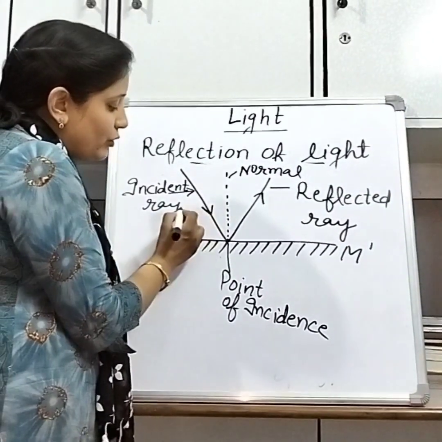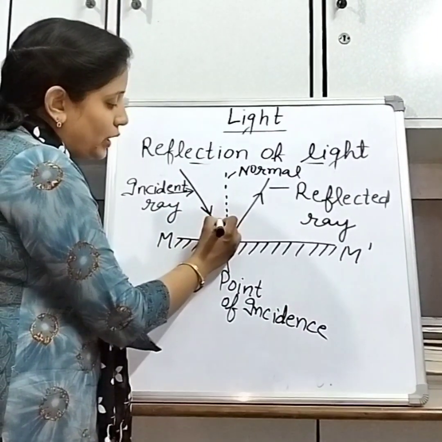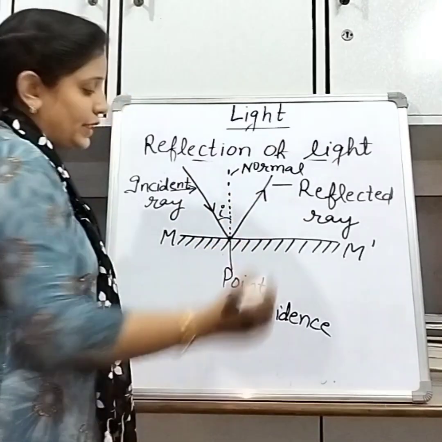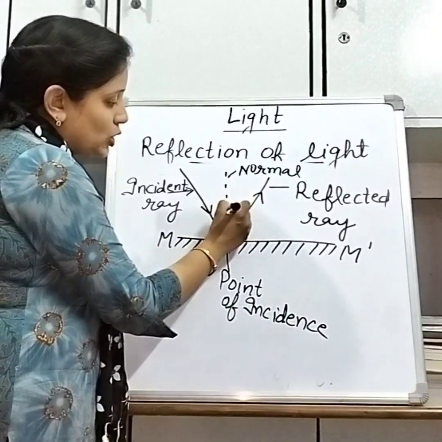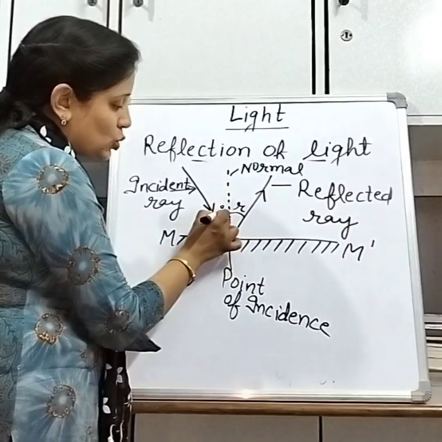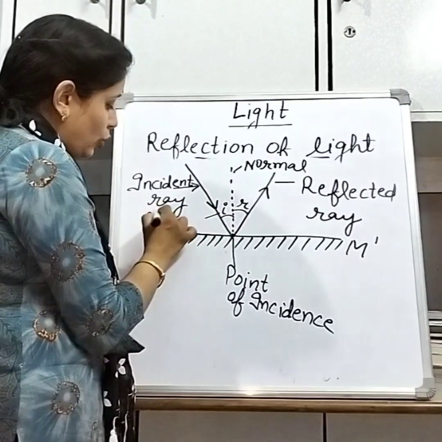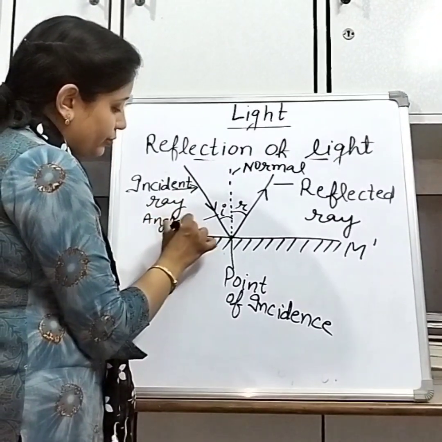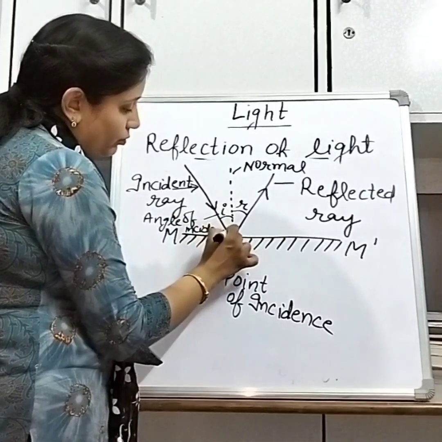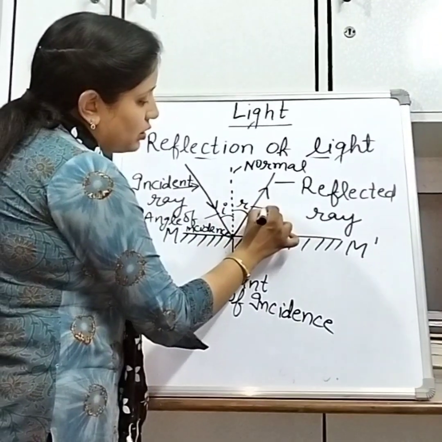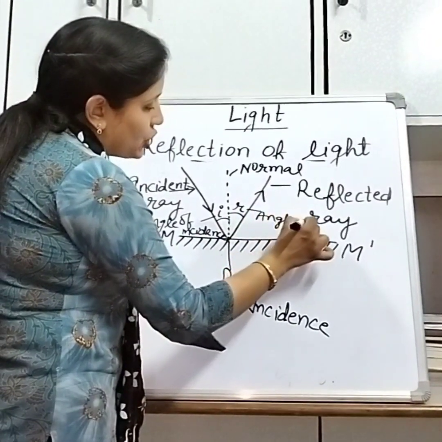The angle between the incident ray and the normal is known as the angle of incidence, and the angle between the normal and the reflected ray is known as the angle of reflection. So I is the angle of incidence, and R is the angle of reflection.